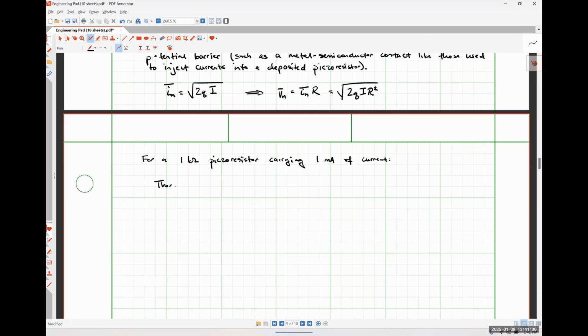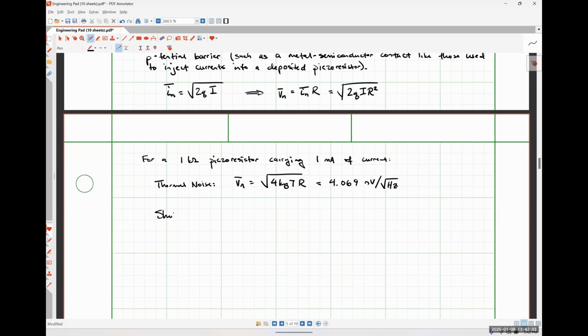Our thermal noise would be simply the square root of 4 kBTR, right? So if I plug in the numbers for that, I wound up getting 4.069 nanovolts per root hertz. So that's what my noise spectral density, or my white noise spectral density value is.